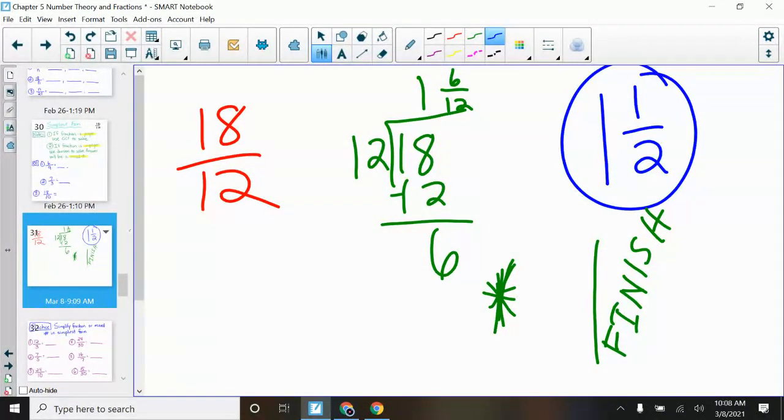The biggest one they have is what? A 6. So you should have divided each of those by a 6. And when you do, what did you get? 1 over what? 2. But what you have to remember is that this whole number right here is part of the answer. So he has to come over here with that 1/2. That is your final answer.